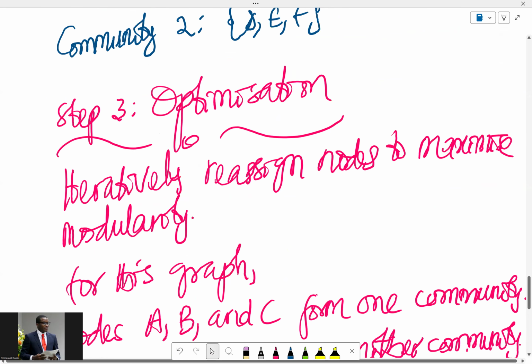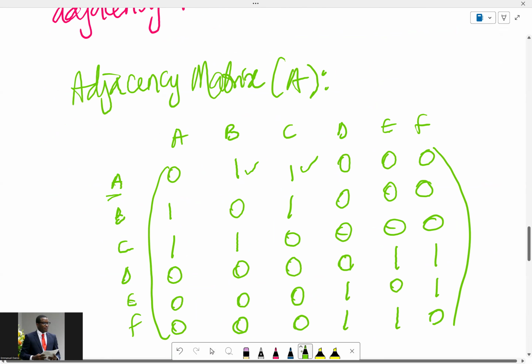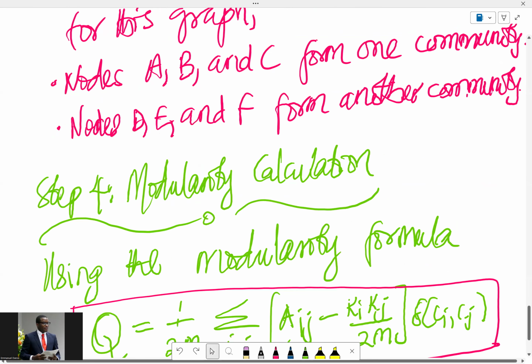So imagine for node A, for instance, the degree will be 2. Node B degree is 2, node C degree is 2. I think each one has a degree of 2 actually, because we have this back and forth connection like that.